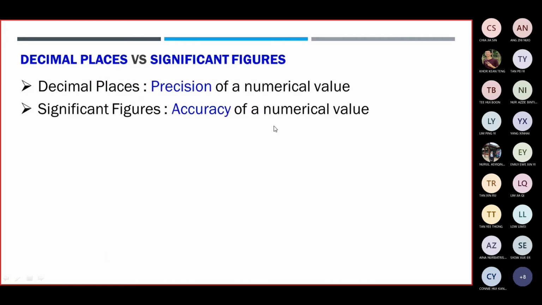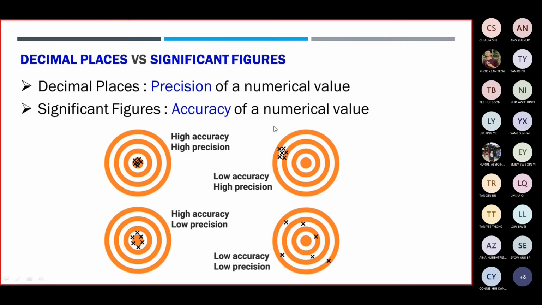Now we look into decimal places versus significant figures. What is the difference between decimal places and significant figures? Take a look at this example. Decimal places focus more on the precision of the numerical value.